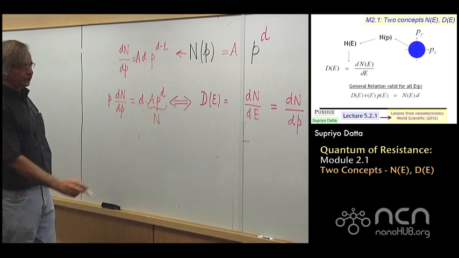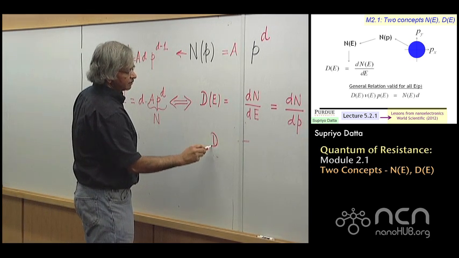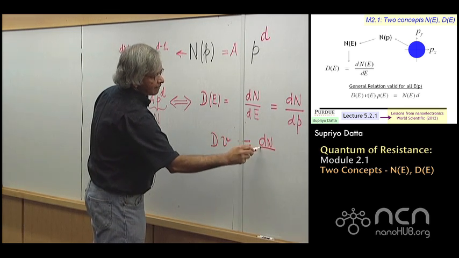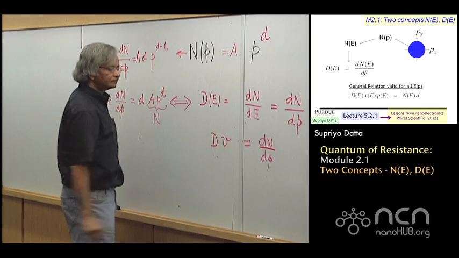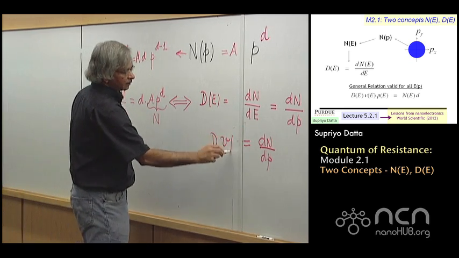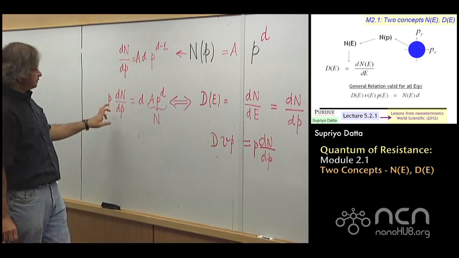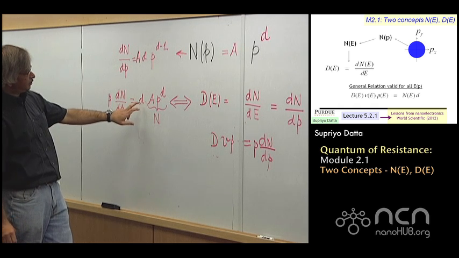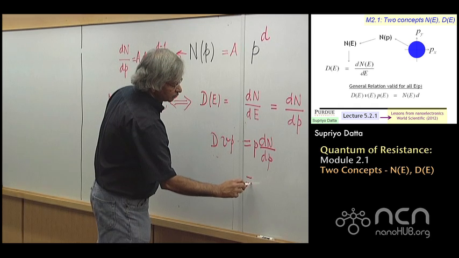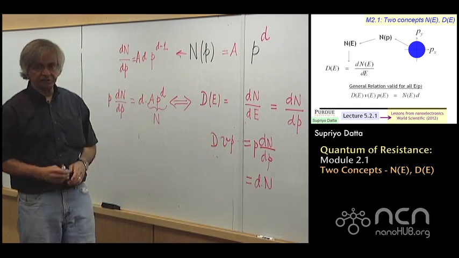Let me go through that quickly. Because this is 1 over v, you can see that D times v is equal to dN/dp. Now if I multiply both sides by p, then p times dN/dp is the number of dimensions times N. So this is equal to d times N, and that's the basic relation that I stated earlier.